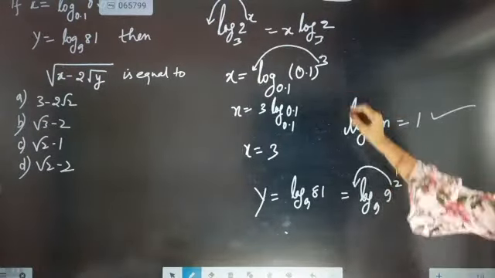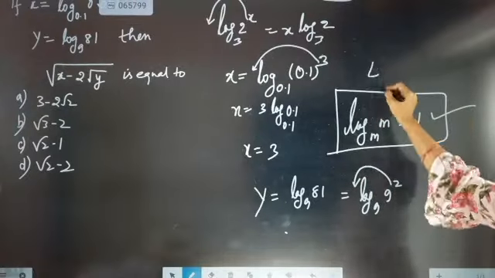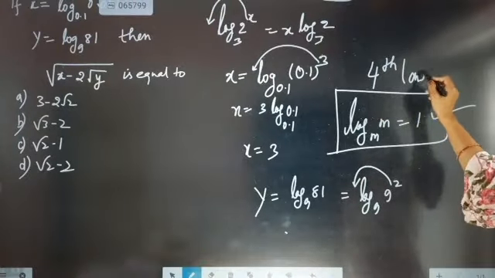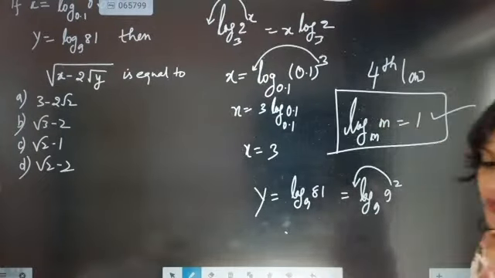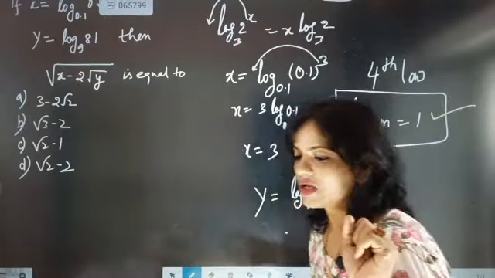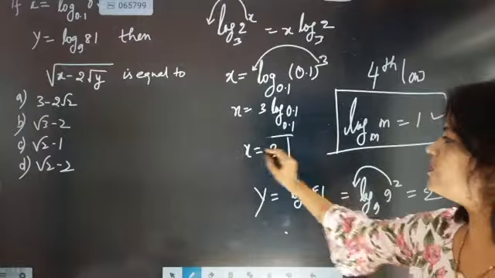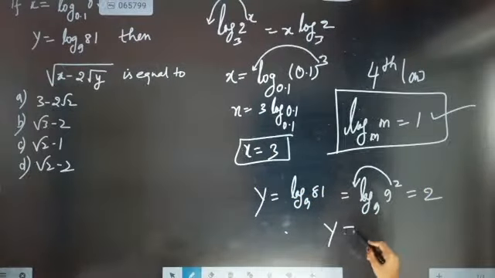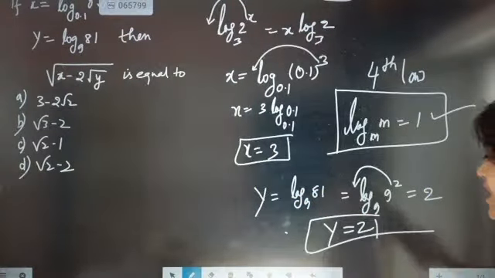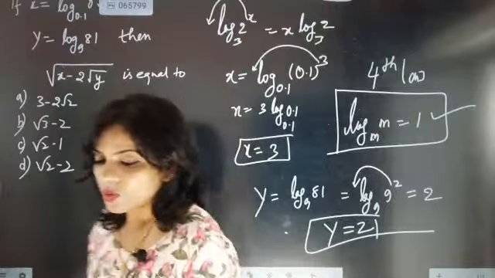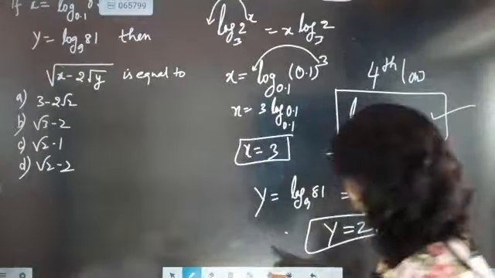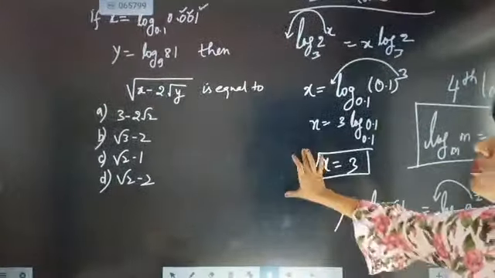So I told you another property, number 4. The fourth law of log is, if the base and this one are the same, then the answer will come as 1. So here this one will shift, so 2. So now x value is coming as 3 and y value is coming as 2. Jackpot.